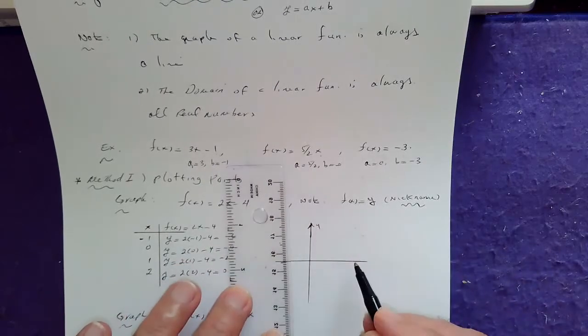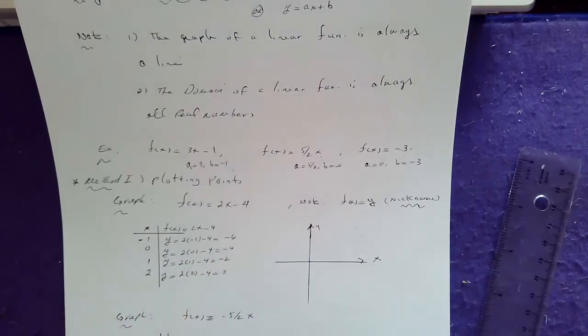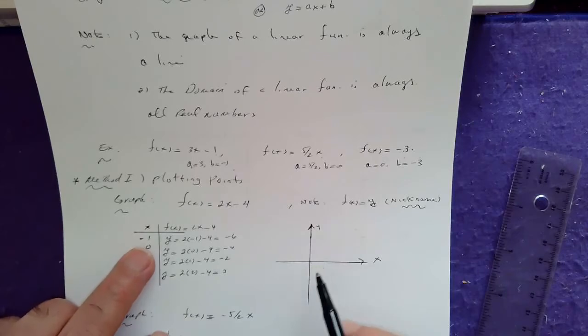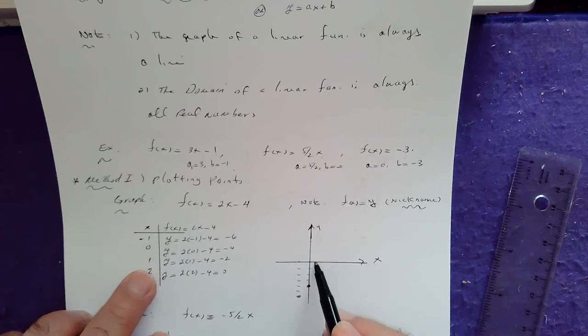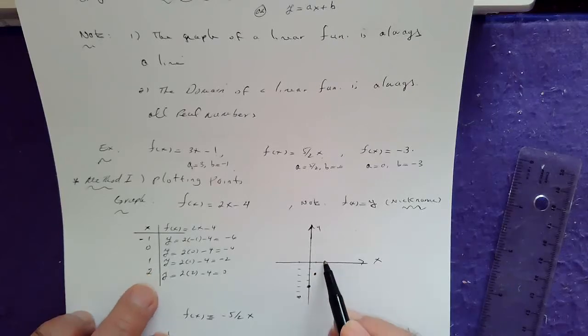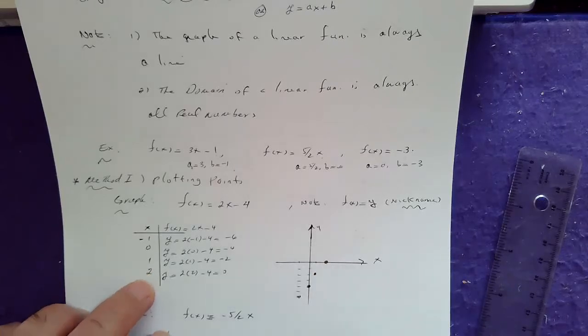If I was going to plot these points, or put these dots on the x and y axis, what would I end up with? Let's see. Negative 1, negative 6: 1, 2, 3, 4, 5, 6. 0, negative 4: 1, 2, 3, 4. 1, negative 2, right about here, and 2, 0, right about there.